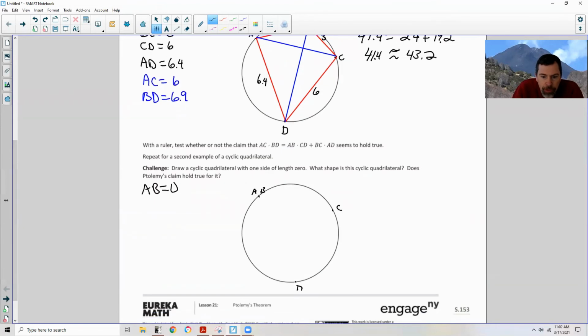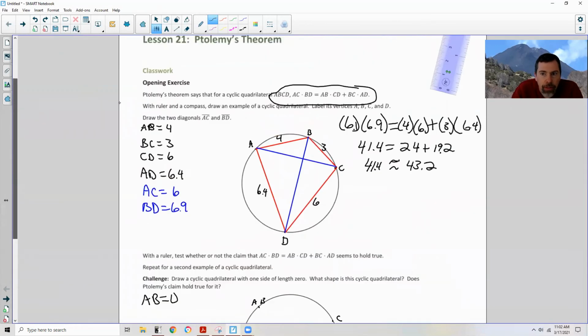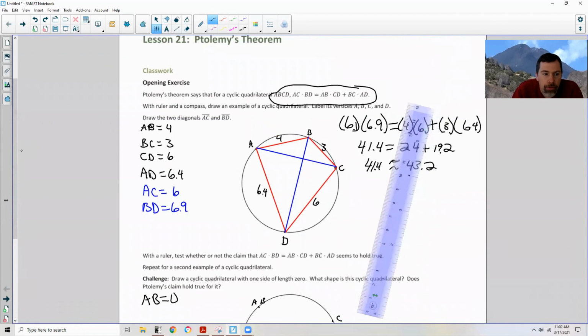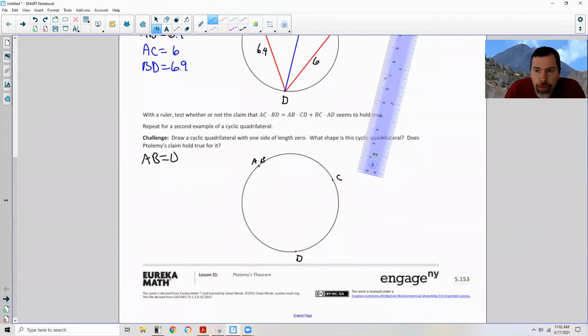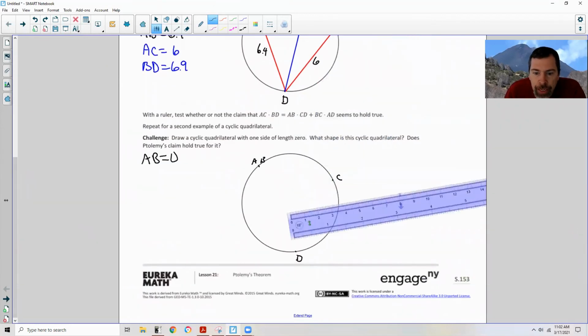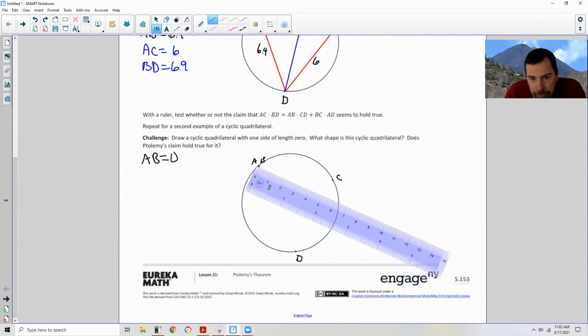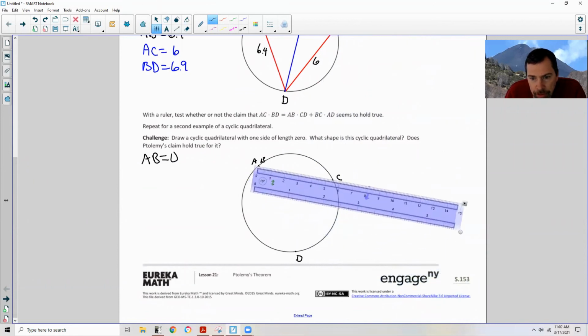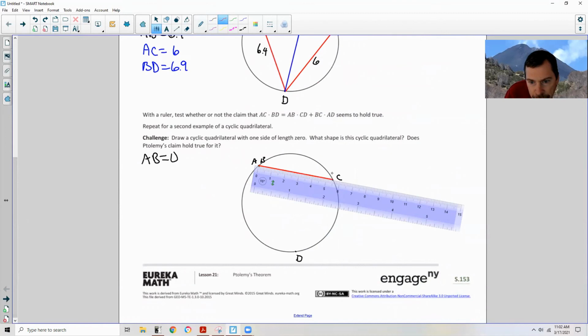So I'm going to put C over here, and I'll put D down here. And I'm not going to measure this time where they go, but I will measure when I draw the segments. So now I'm going to measure and draw at the same time BC. I already know AB is 0. And this is segment BC. So starting at 0, going out to C, that was 5.5.